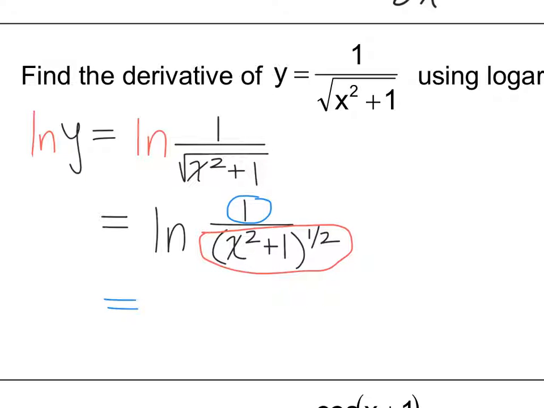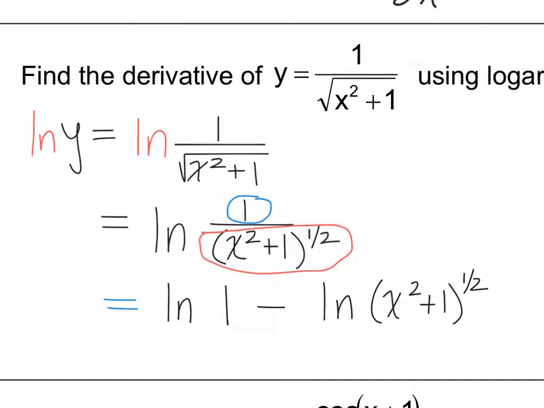All right, so ln of 1 minus ln of x squared plus 1 to the 1/2. Oh yeah, I remember that. Right? Division becomes subtraction. That's the quotient rule. We also have a little power rule for logs embedded in there.